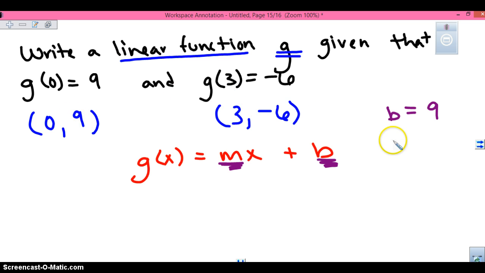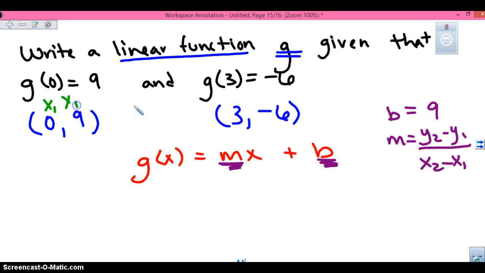Now, can we find slope? Slope is equal to y sub 2 minus y sub 1 over x sub 2 minus x sub 1. So, if this is x sub 1, y sub 1, x sub 2, y sub 2, can we set it up to find our slope?